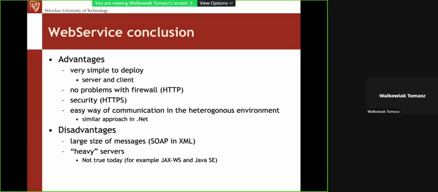So if you wanted to use SOAP technology, you needed to use Java Enterprise Edition servers, or Microsoft servers, which was not a problem at the beginning because SOAP was connected with enterprise-based applications. So the applications were already developed in such environments, and there was no problem adding some extra functionalities to heavy Java EE servers.